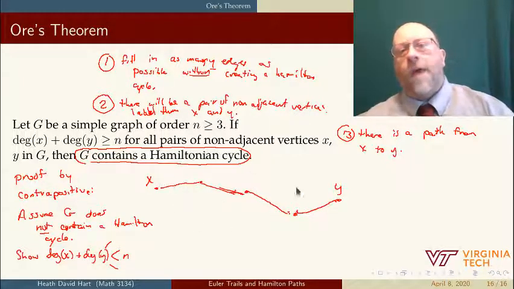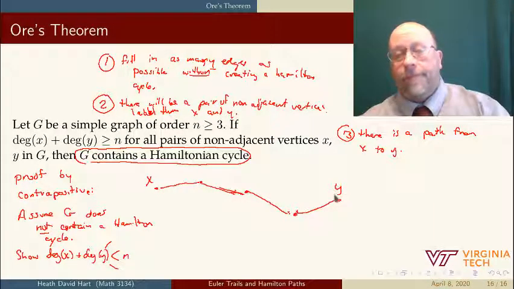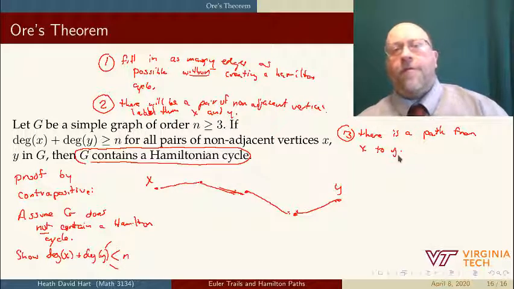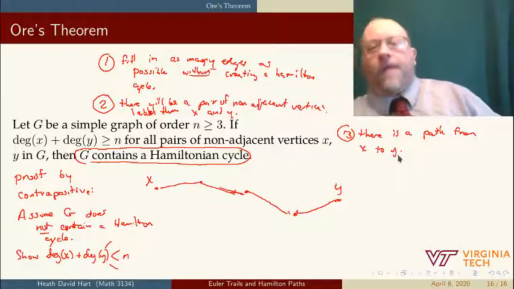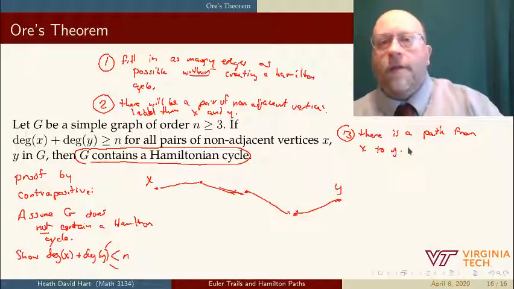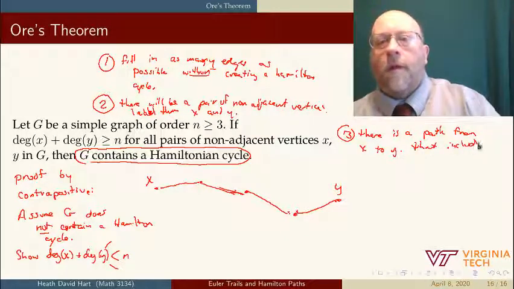And so without x and y being adjacent, all I have is a Hamilton path. So there is a path from x to y. In fact, it's a Hamilton path from x to y that includes every vertex.